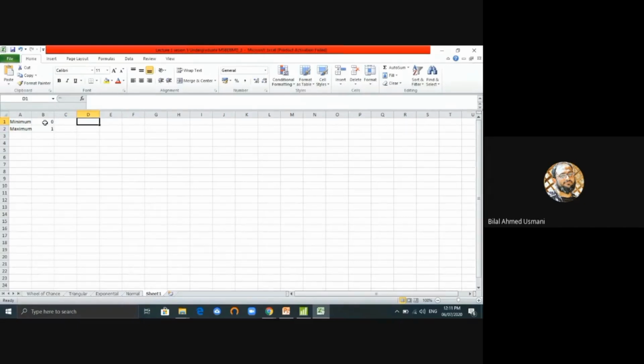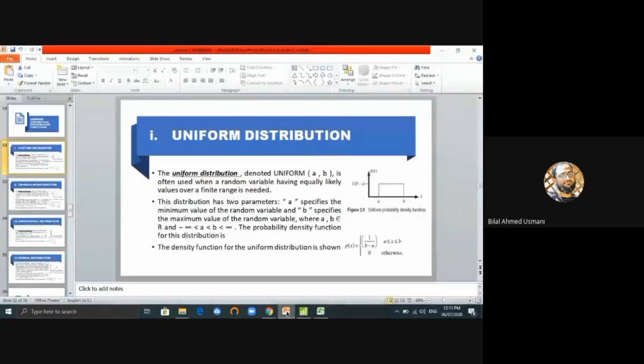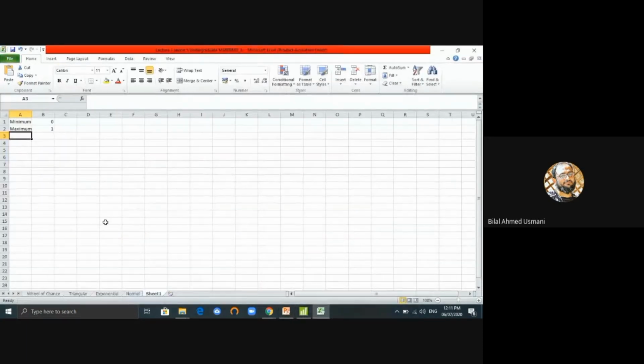And I need to generate how many intervals, because right now we're talking about a discrete distribution. A uniform distribution can be discrete, or it can be continuous. So let's say I need to sample 1000 values from a uniform distribution.